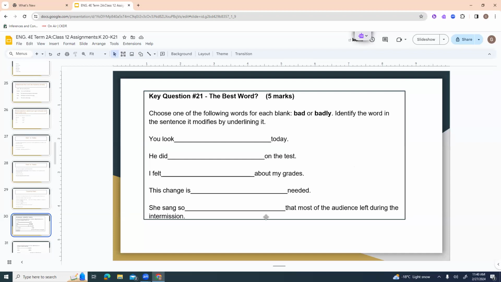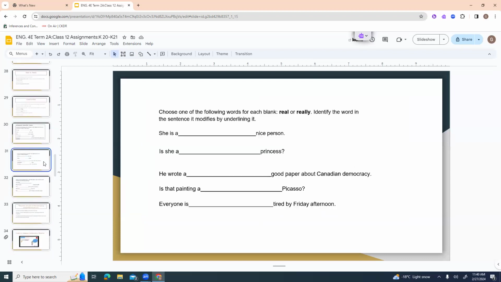This is a tricky one. Think about, are we describing her? Is she bad? Or is the singing bad? Which one is it? Because remember, bad can only describe a noun, like a person, place, or thing. Badly describes the actions.